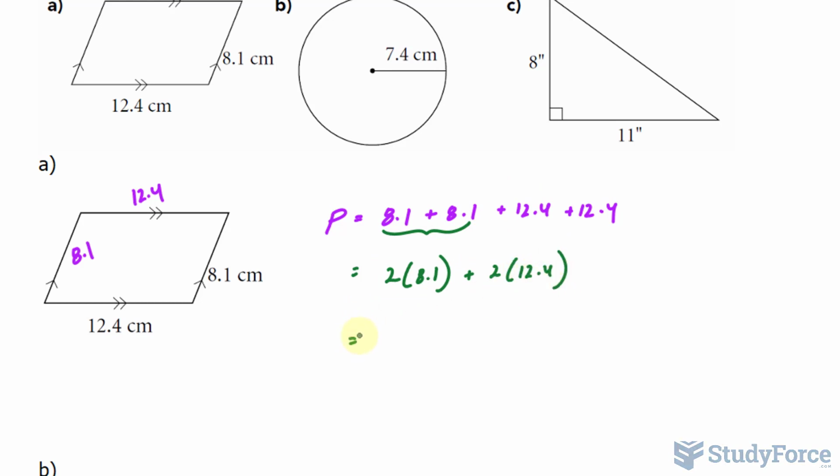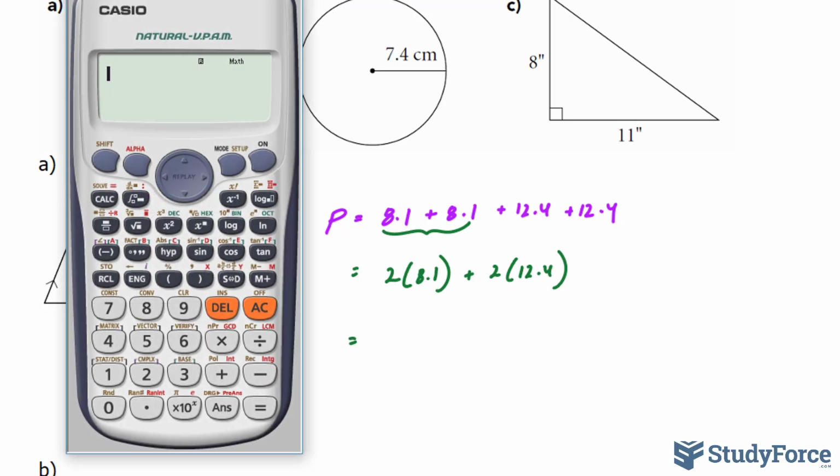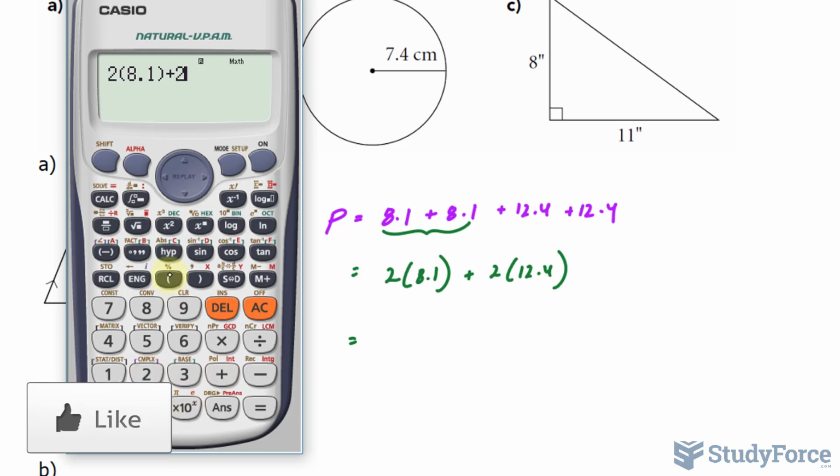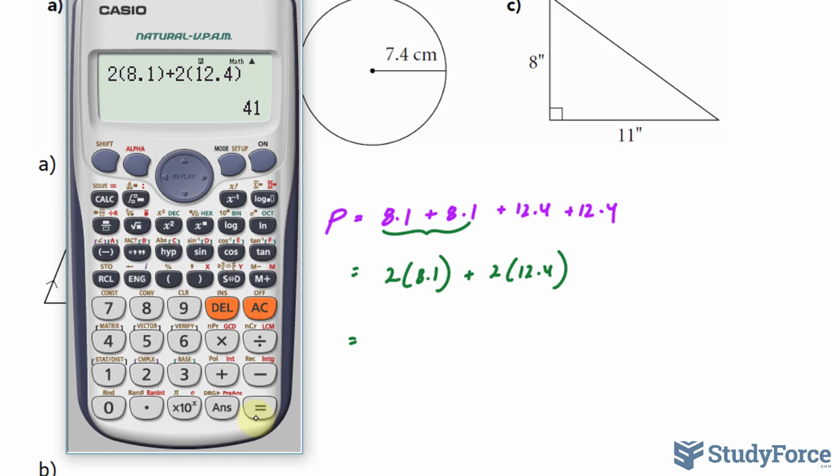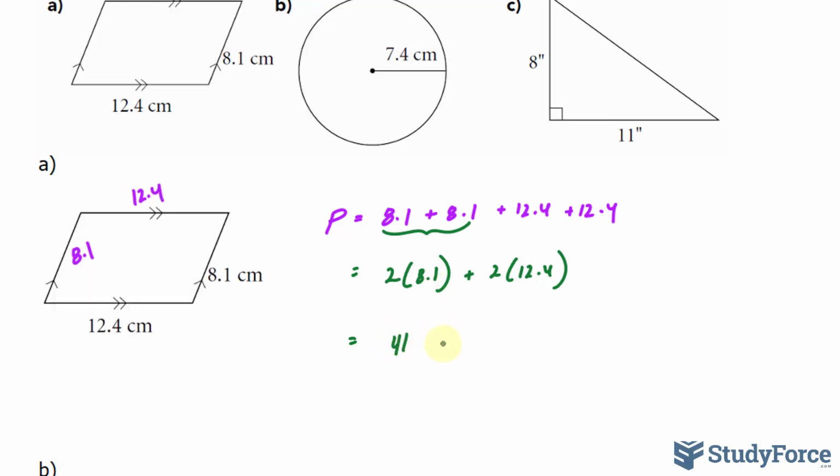Whichever way that you choose to write this, the answer is the same. So let's go ahead and calculate this. 2 times 8.1 plus 2 times 12.4, and that gives us 41 centimeters. Taking into account significant figures, it would have to be 41.0.